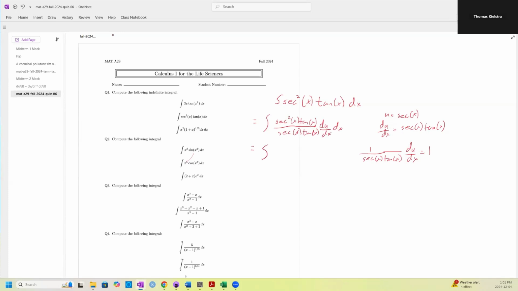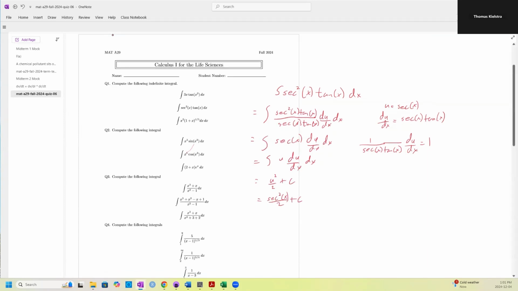And this equals the integral of secant x du by dx dx, which equals the integral of u du by dx dx, which equals u squared over 2 plus c, which equals secant squared x over 2 plus c, which is one of our solutions.